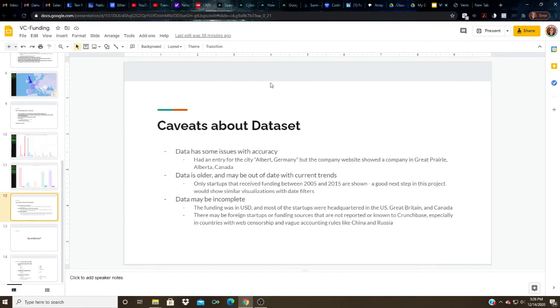Again, the data is older, so we didn't break it down year by year. You could see how the funding works for different years, which would be interesting. That would be a good next step, especially looking at the recession economy versus the pre-recession for about 2008, 2009.